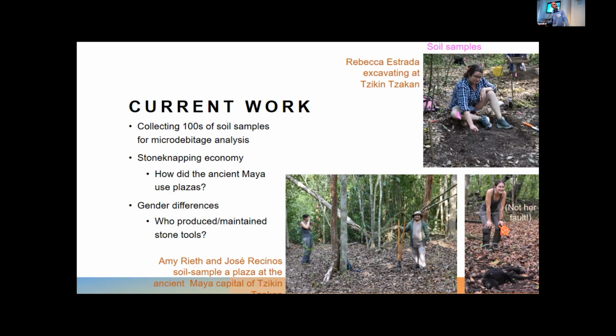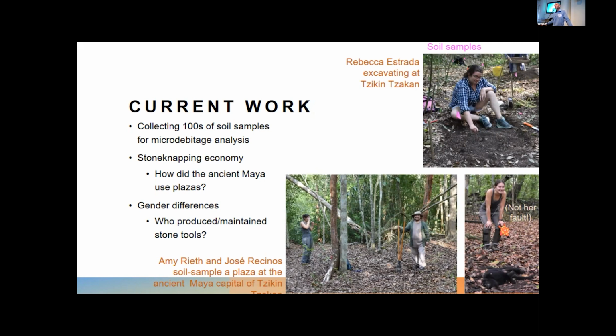The other case that you see here at the bottom is Amy Reed. She's an undergraduate student here at Vanderbilt. She's writing her honors thesis right now. And you see her here on the main plaza of Tzikinsakan, one of the largest plazas of Tzikinsakan, on the lower part, where she has collected about 550 soil samples from the entire plaza.